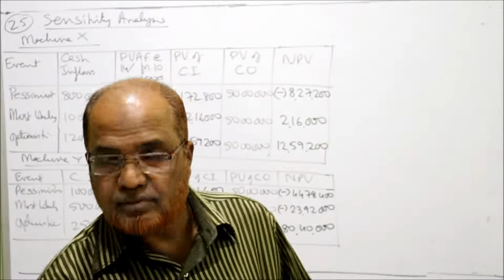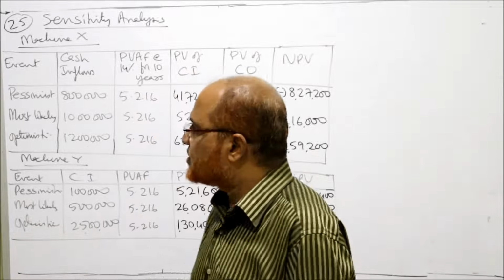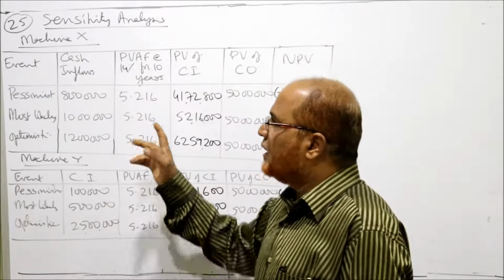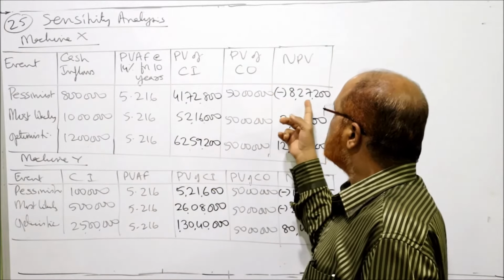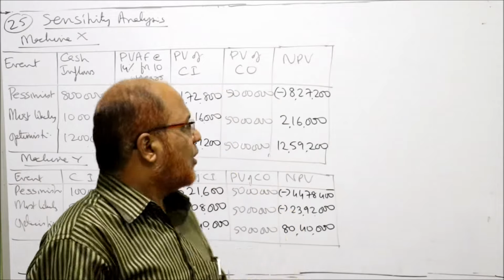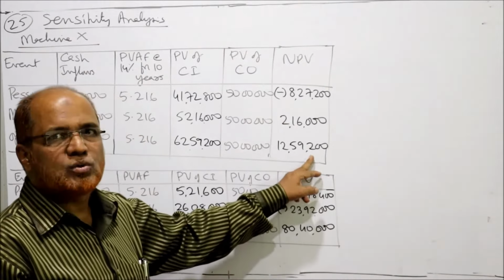Now we have to give the suggestion, which is the better machine. So first of all, we'll discuss this one. If we go for machine X, our NPVs are minus 8 lakh 27,200, or 2 lakh 16,000, or 12 lakh 59,200.